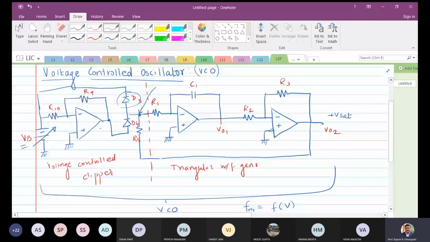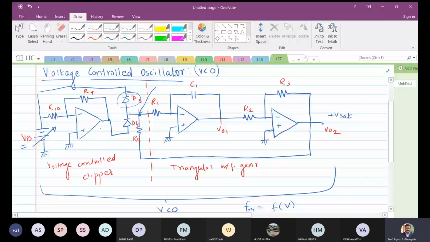At the same time, when there is a negative peak, D4 prevents it from exceeding this negative Vsat by minus VB minus VD4. Are you getting this?